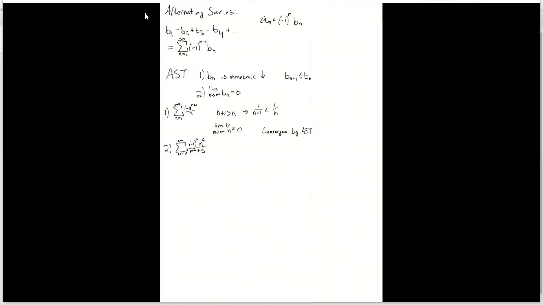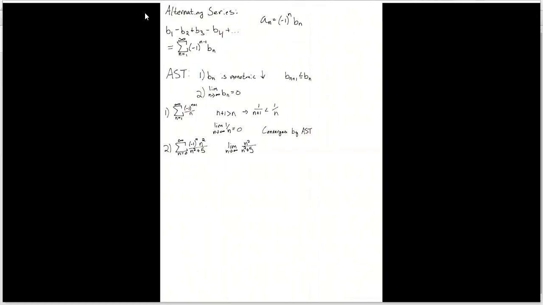All right, so this one's pretty straightforward. You see here, let's go ahead and start looking at the limit first. So we have the limit as n approaches infinity of n squared over n squared plus 5, right?